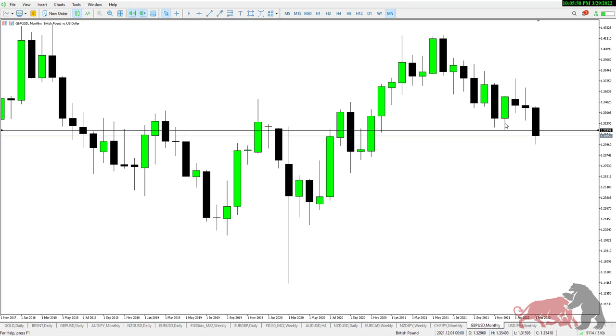We have broken to the downside of 2021. That's crucial because this is the last week of trading in March, and if price closes anywhere below 1.31598, which is basically our December low, what does this make this candle?